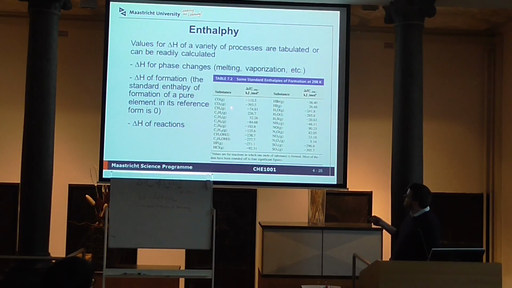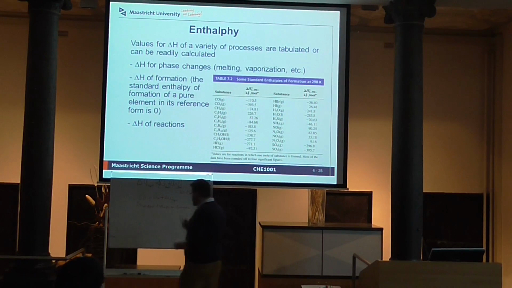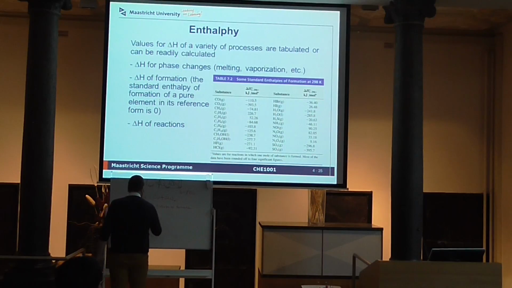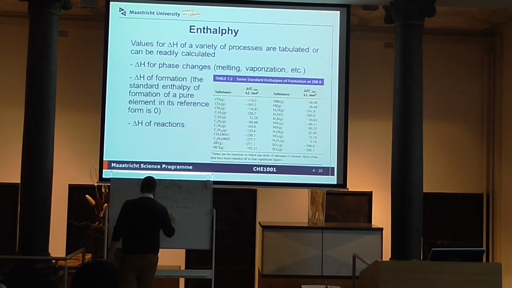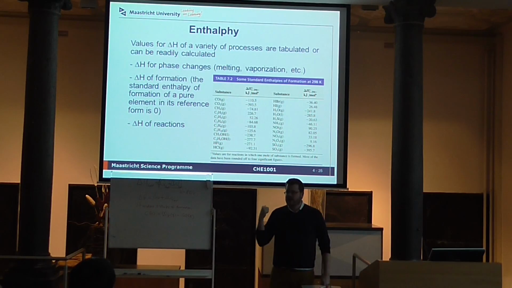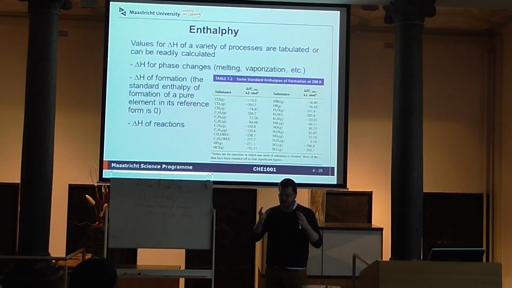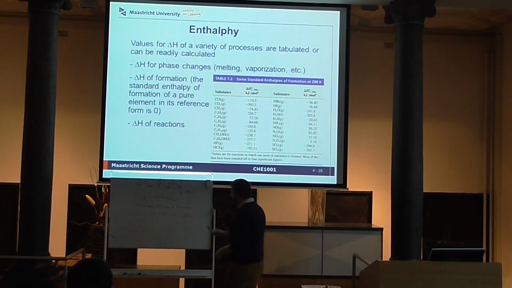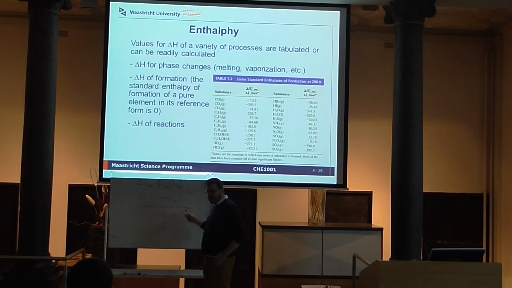So the enthalpy of formation of CO gas is defined as the enthalpy change of this reaction. The heat energy associated with that reaction we call at 298 Kelvin. In other words, if you do this reaction at room temperature, it's called the standard enthalpy of formation, because it's the formation of this molecule from the elements in their standard states.